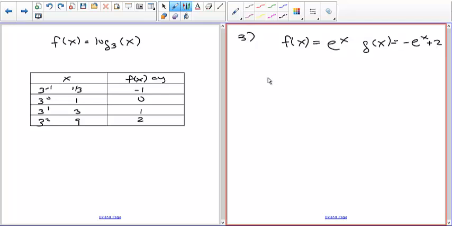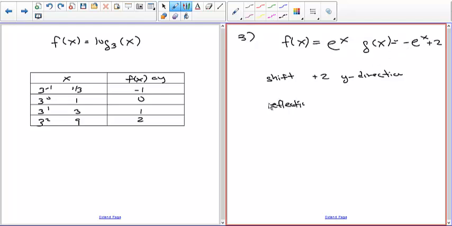So we could say shift plus 2 in the y direction. That's your parent function. You're adding 2, so you're going to shift it in the y direction. And then you have a negative sign here, which is a reflection.